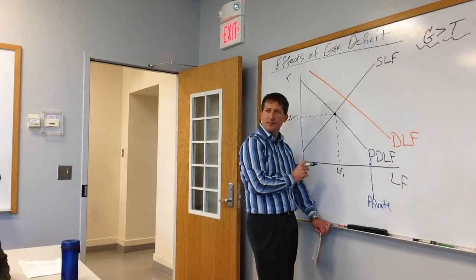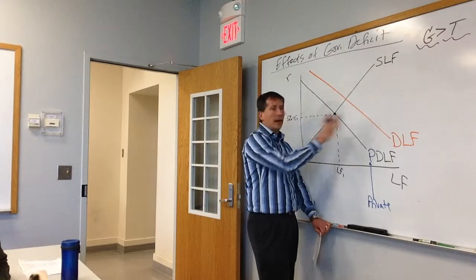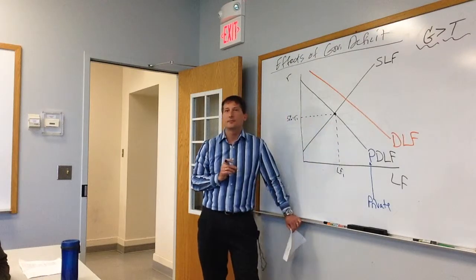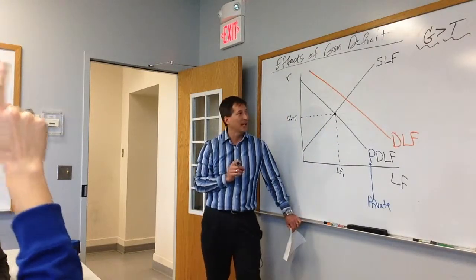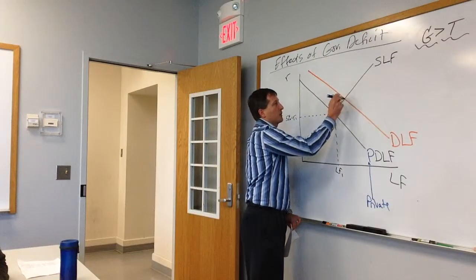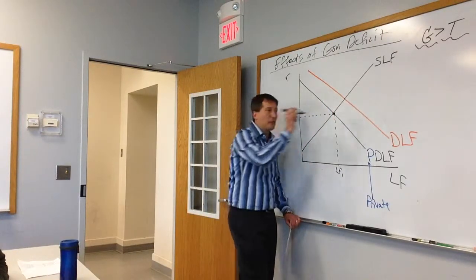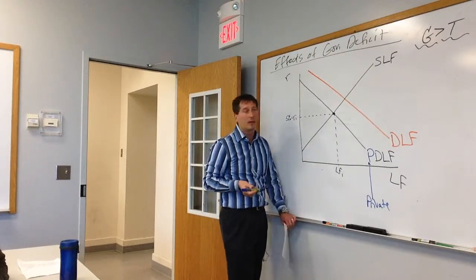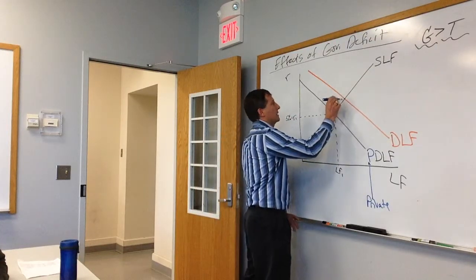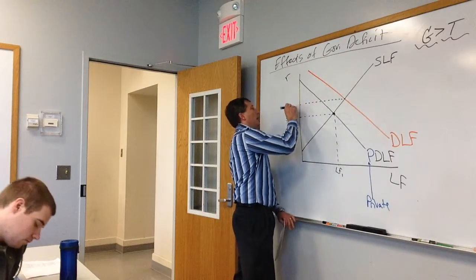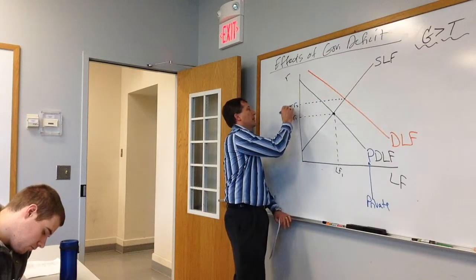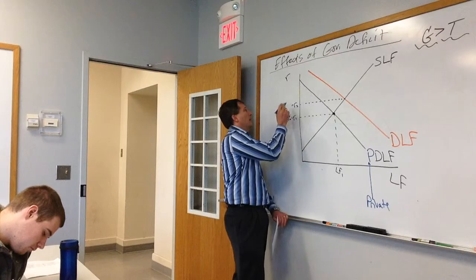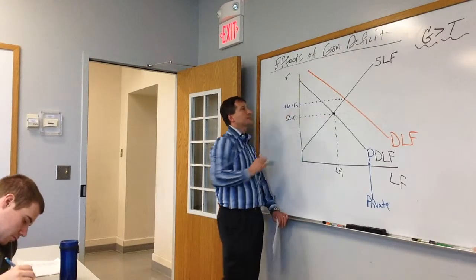Does that make sense? What happened to interest rates? I just snuck that in on you, right? Interest rates go up. So the government and the private sector are essentially competing for funds. And interest rates tend to go up. So maybe they go up to 6%.